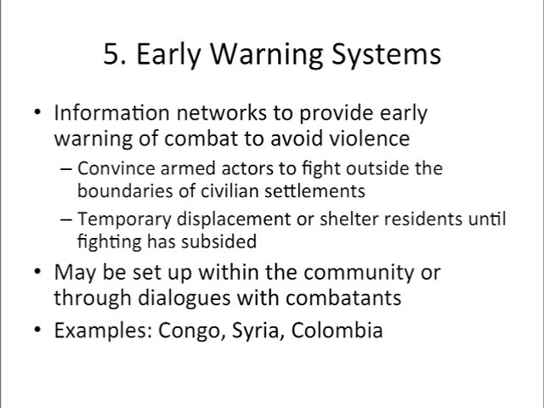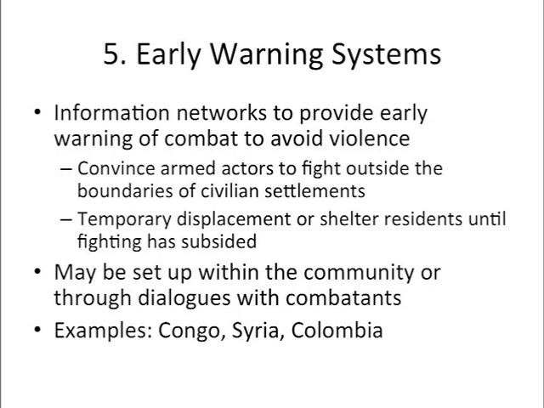This is a strategy that requires organization and information to carry out. These kinds of systems may be set up either just within the community among residents or through dialogues with combatants about protecting civilians. And you see examples of early warning systems in the Congo.